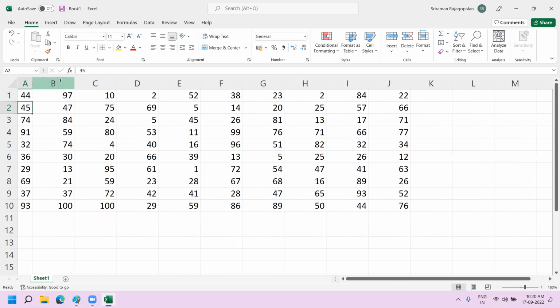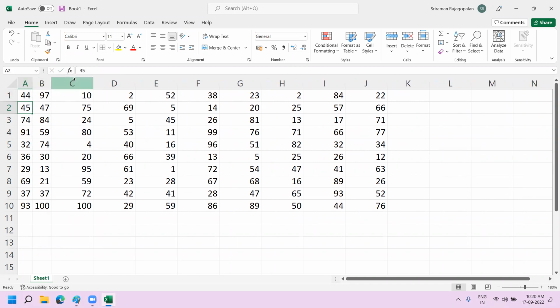Now let us calculate the mean without outlier and we'll see how the mean changes when I have an outlier.